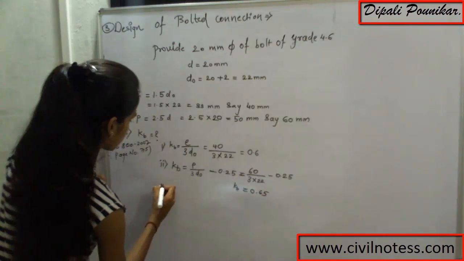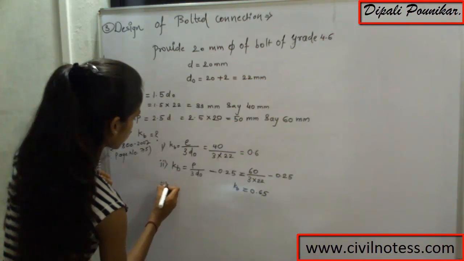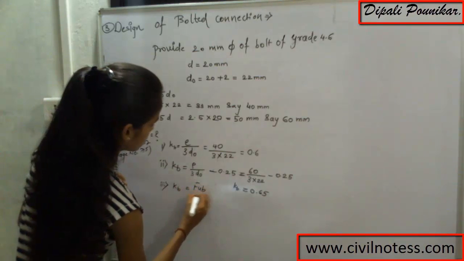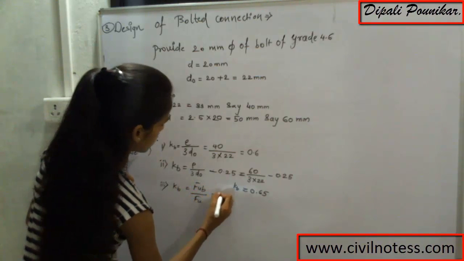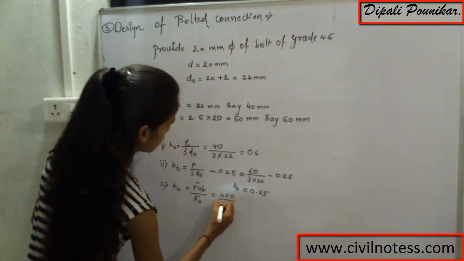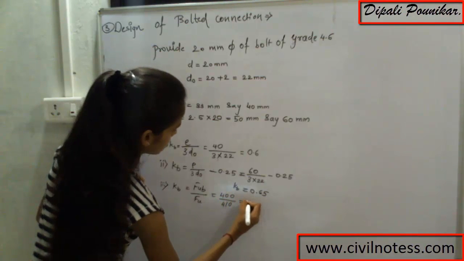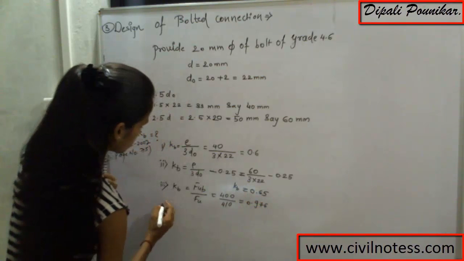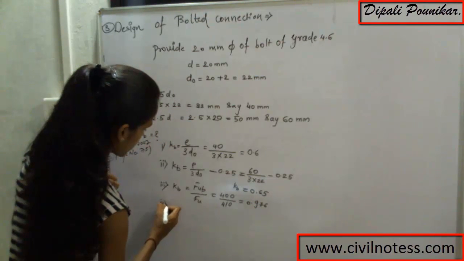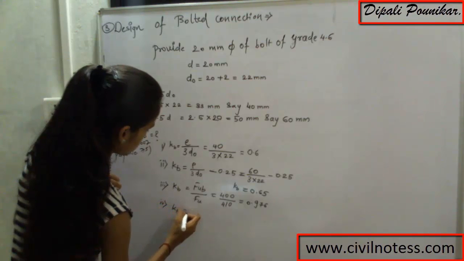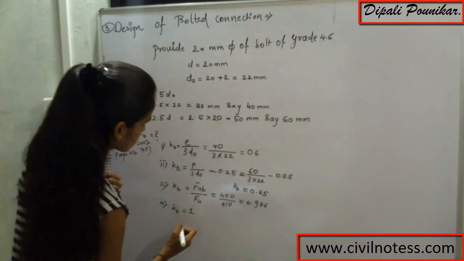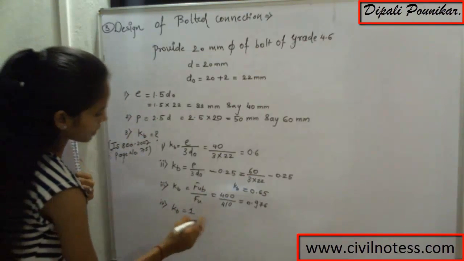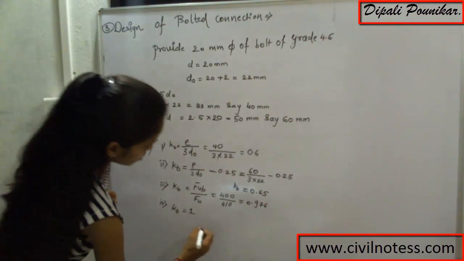Second value for kb. And the third value for kb equals fub upon fu, that is 400 upon 410. After putting in, we get 0.976. And the fourth value, which is already given in IS 800/2007 on page number 75, is kb equals 1.